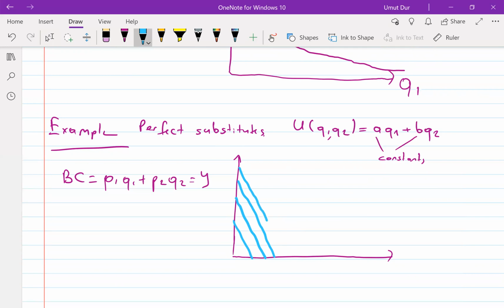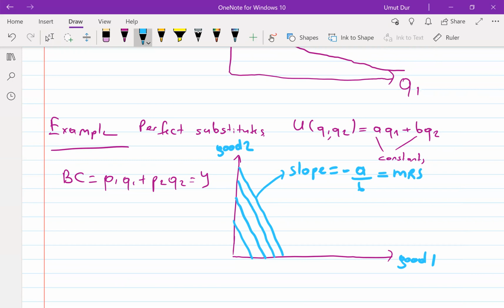These light blue ones are the indifference curves. What we know about these indifference curves is that the slope is equal to minus a over b. Here good 1, here good 2. You can find the slope from the MRS.